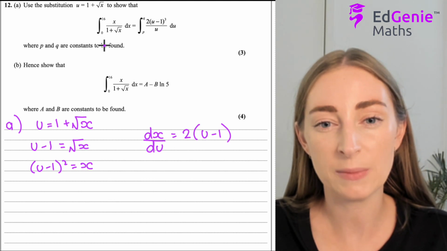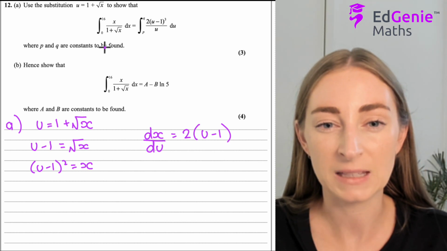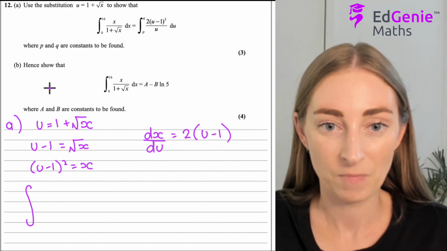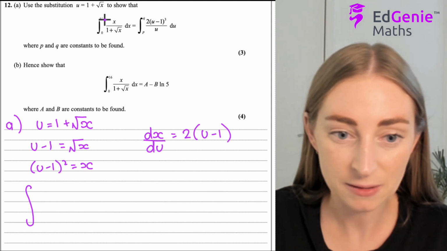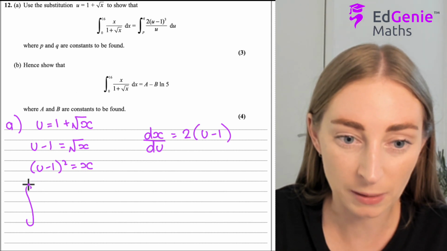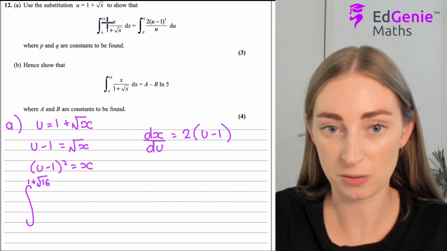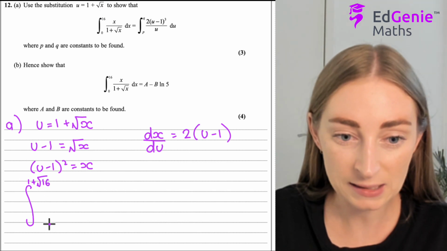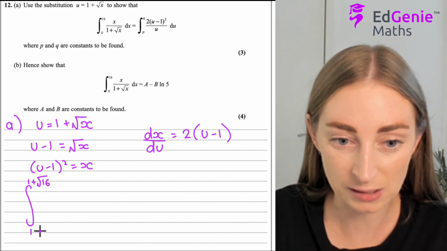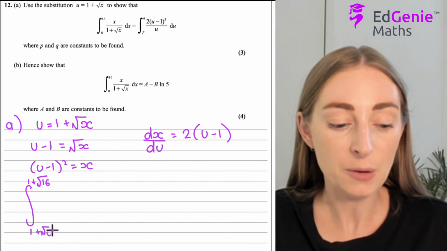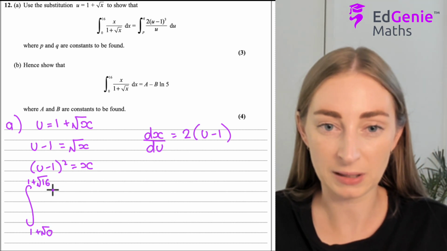Are we going to change the limit straight away? Yeah, let's do that. So instead of 16, we are going to have 1 plus the square root of 16. So substitute in here. And down here, we're going to have 1 plus the square root of 0. We could work that out straight away, but I'm just putting it there to show you.